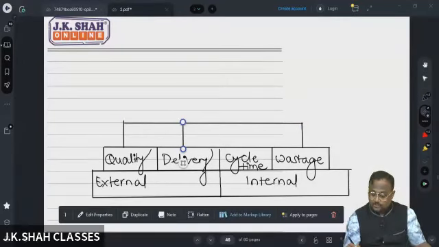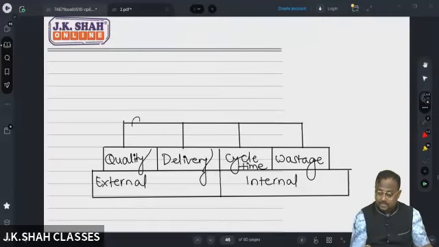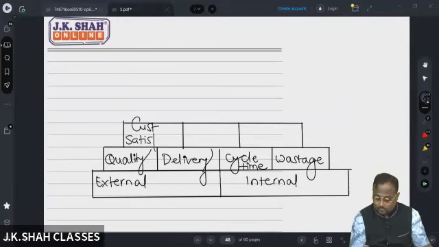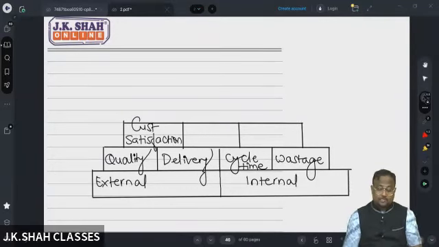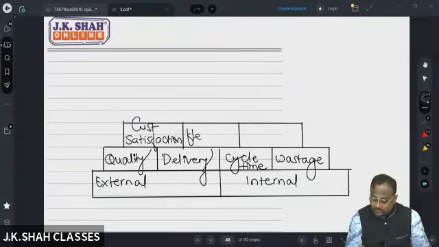Out of these 4 aspects, if I implement all 4, the first thing I get is customer satisfaction, and if my customer is happy, you know the advantage of it. Second one is flexibility.